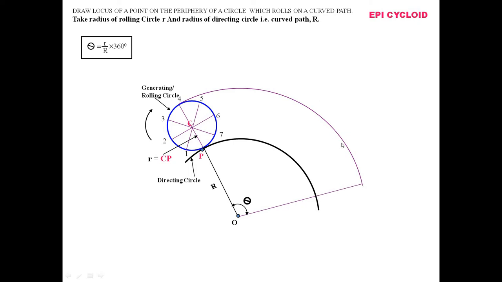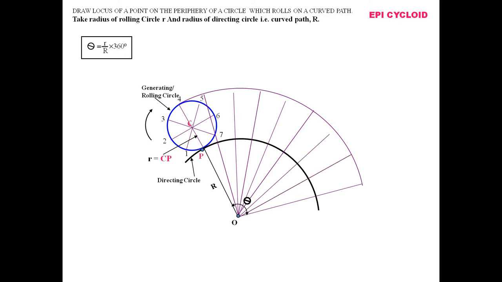So now we have this arc. As we have divided the circle into 8 parts, similarly we will divide this arc into 8 equal parts. So this is 1, 2, 3, 4, 5, 6, 7 and 8. This is the 8th part. Then we'll draw an arc from the center point of the rolling circle. So we'll take the center O and radius OC, and draw an arc.